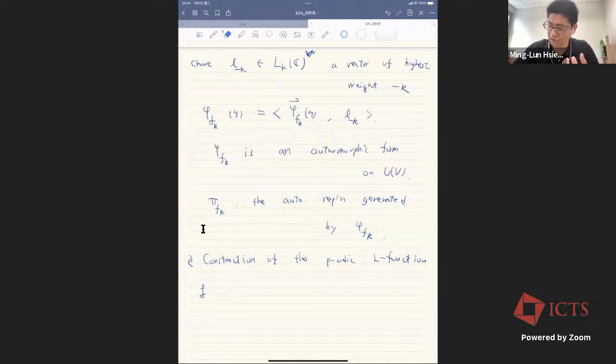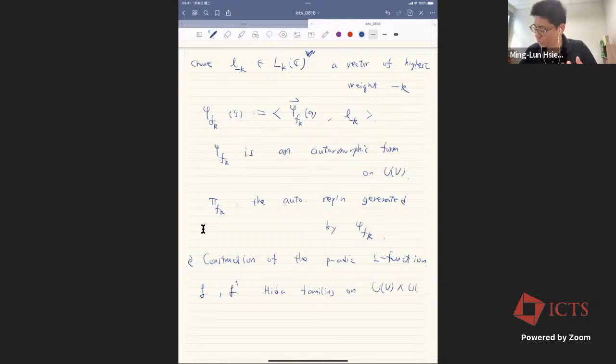So now I take F and F' to be two Hida families on U(V) cross U(V'), and we can view them as functions on X_infinity.